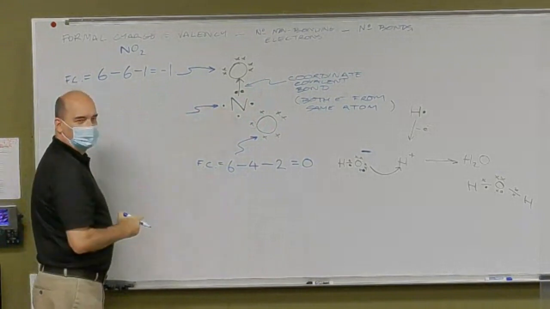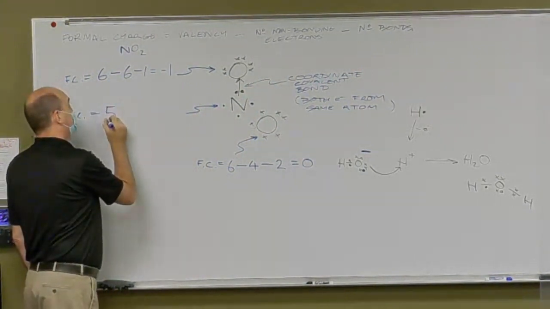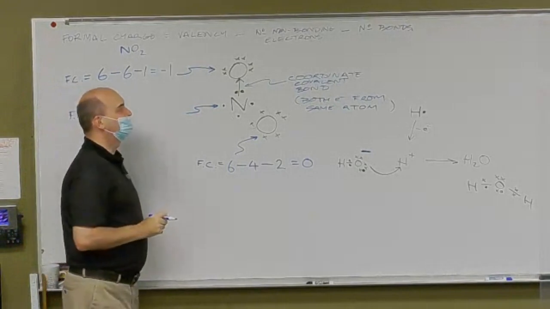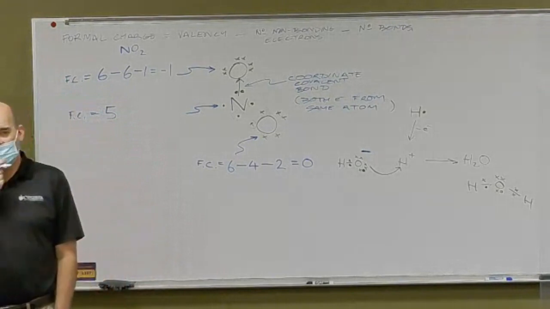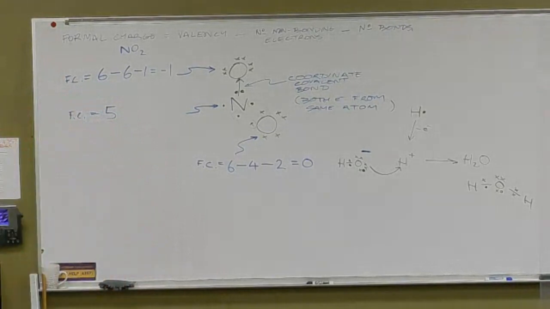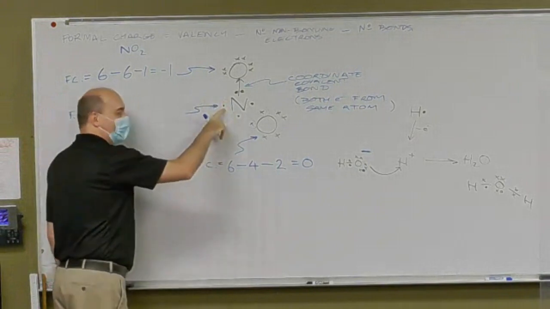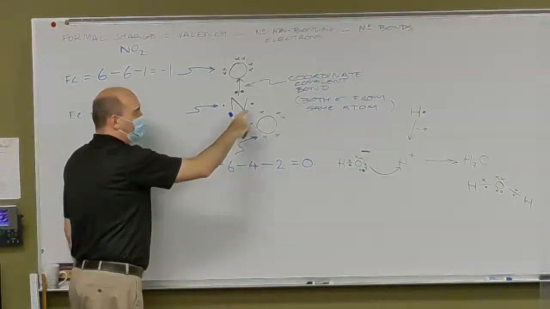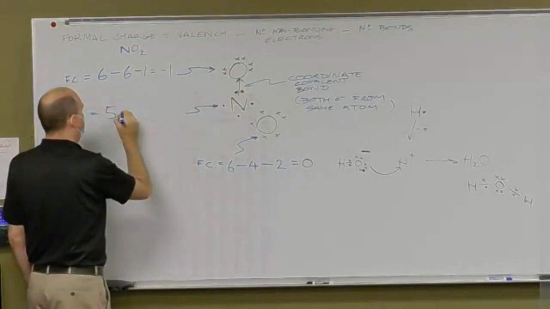What's the valency of nitrogen? 5. It's in group 5. How many electrons does it have that are not involved in bonding? Just that 1. That electron's involved in bonding, that electron's involved in bonding, these 2 electrons are involved in bonding.